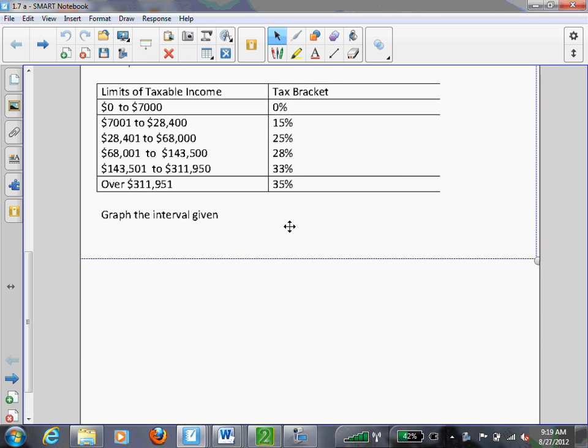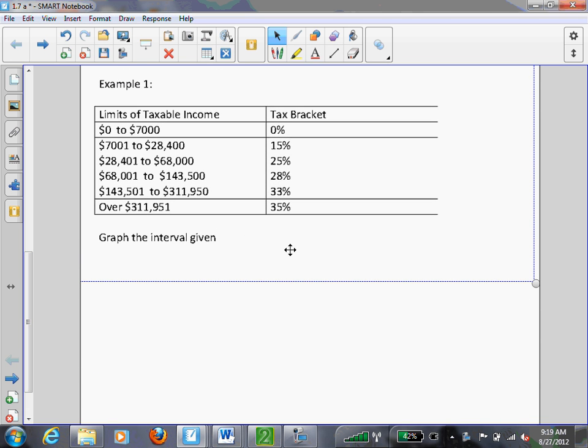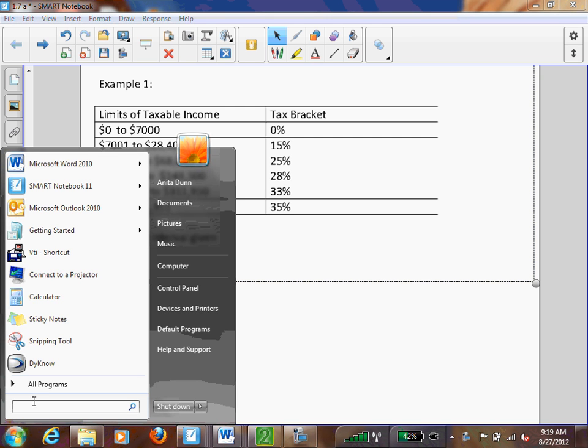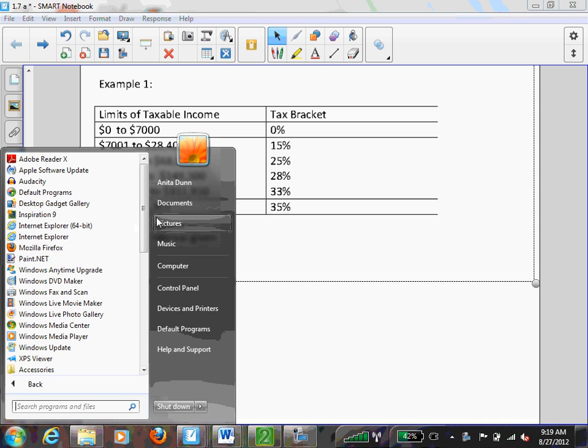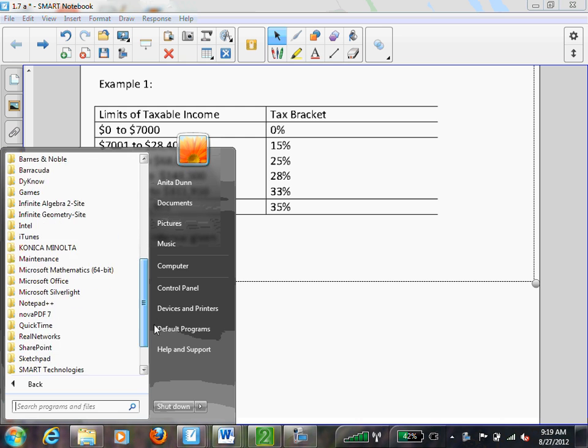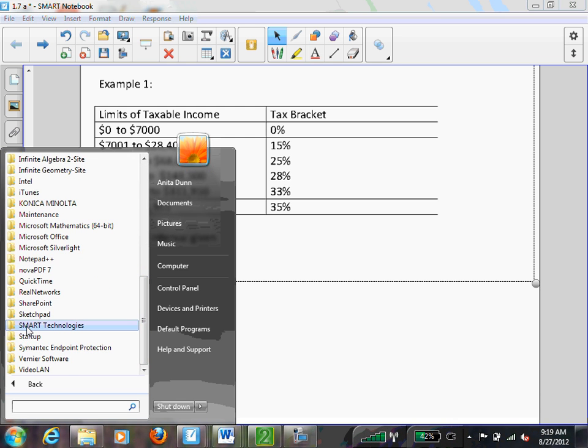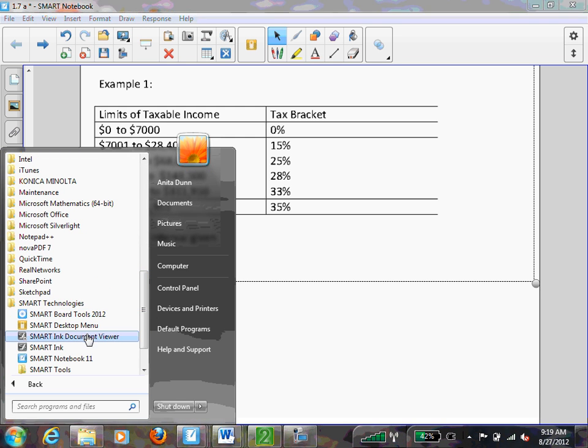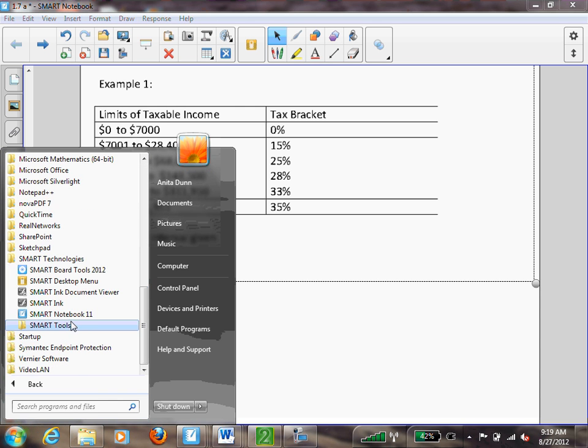Okay, what just happened? Am I not turned on? Okay, hold on a second. I've got to go to here. Programs. This isn't turned on. Help me look for smart, guys. Smart tech. Okay, I think it's tools.